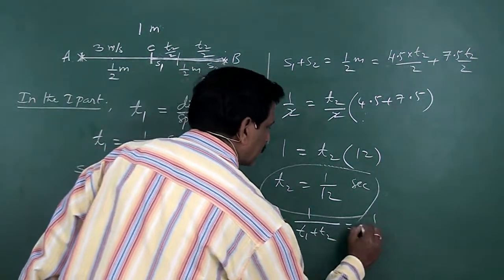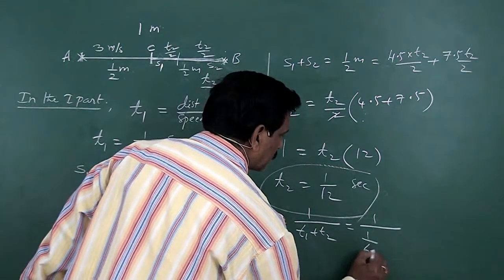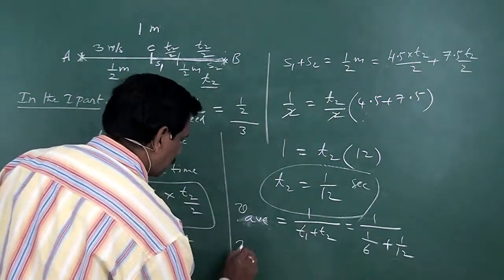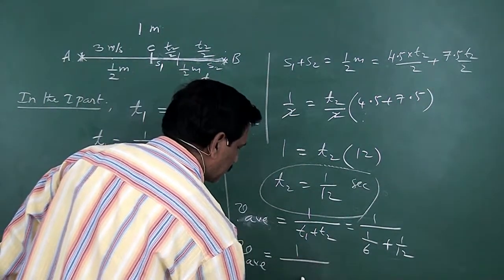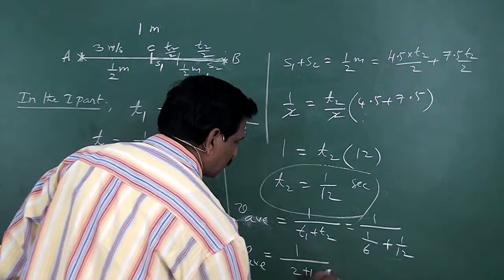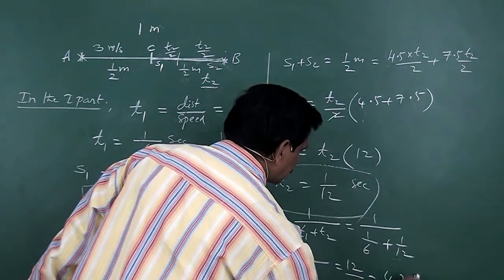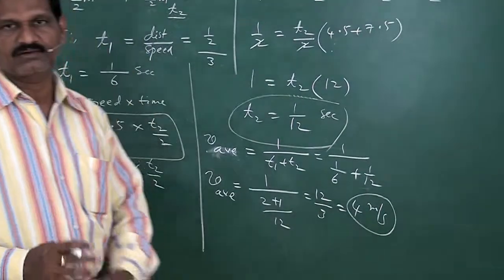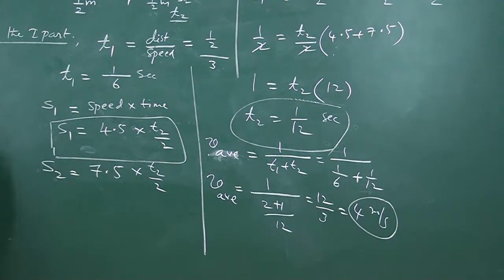T1 is 1 by 6 and T2 is 1 by 12. So average speed is 1 by, with LCM 12, 2 plus 1 over 12, so 12 by 3, this is 4 meter per second. So the average speed of the car is 4 meter per second.